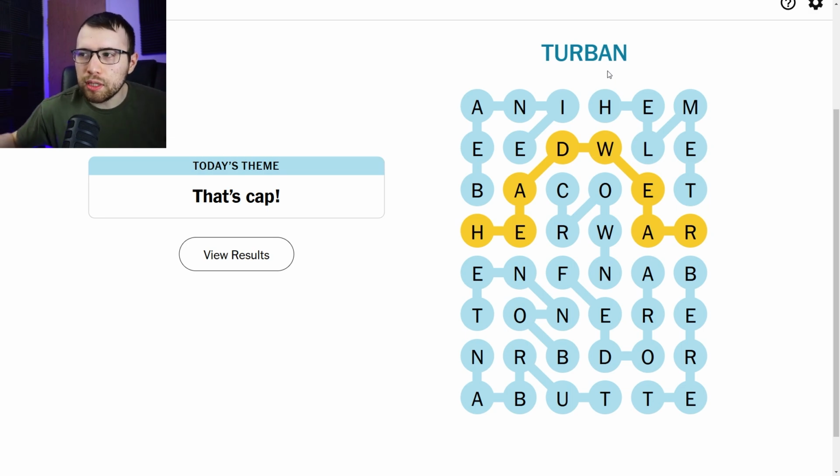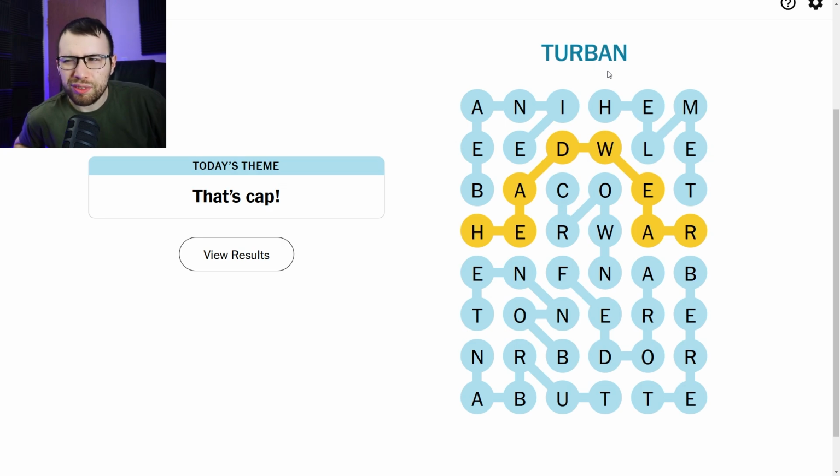You can probably do this on literally every single Strands that has been out there. I just haven't been able to do it very often, because a lot of times I don't understand the theme, or I struggle doing that. But the better you are at doing that, you can get the spangram pretty quickly.